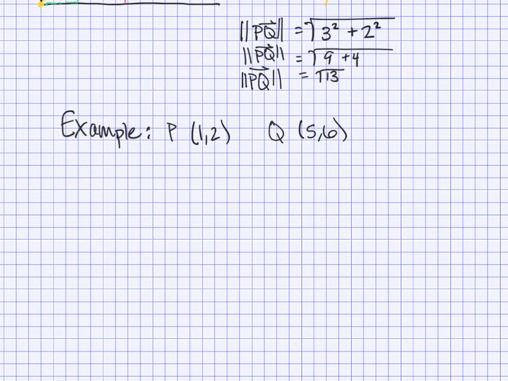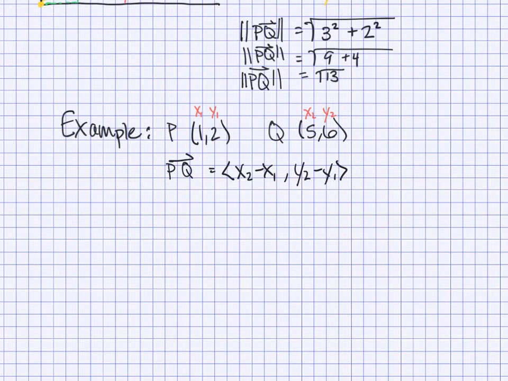Or if you prefer to just do things algebraically, we can say, okay, we know that PQ is x sub 2 minus x sub 1, y sub 2 minus y sub 1. Your P's are always going to be your sub 1s, and your Q's are always going to be your sub 2s.